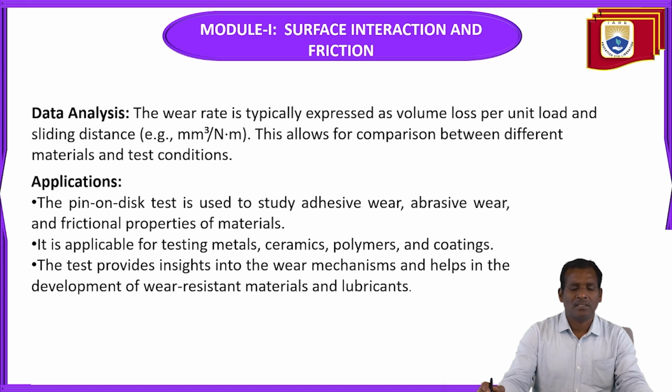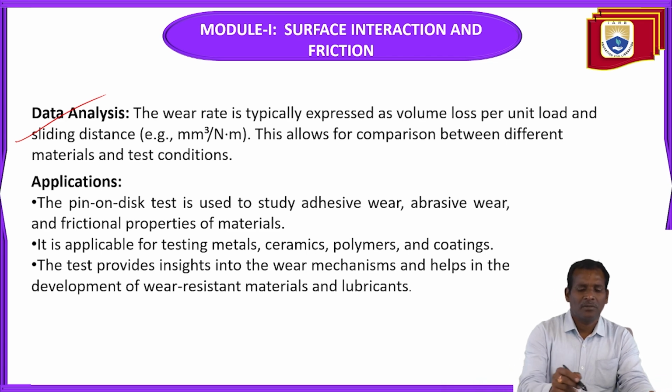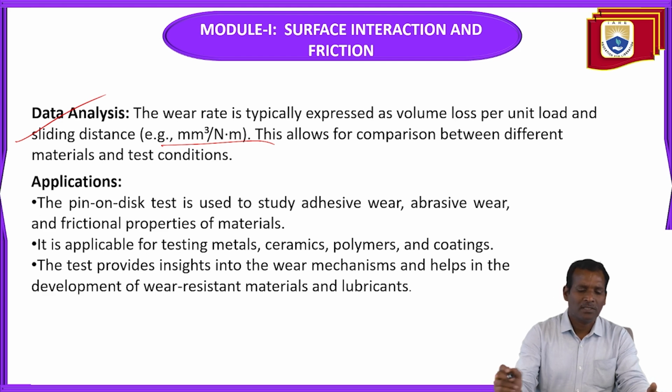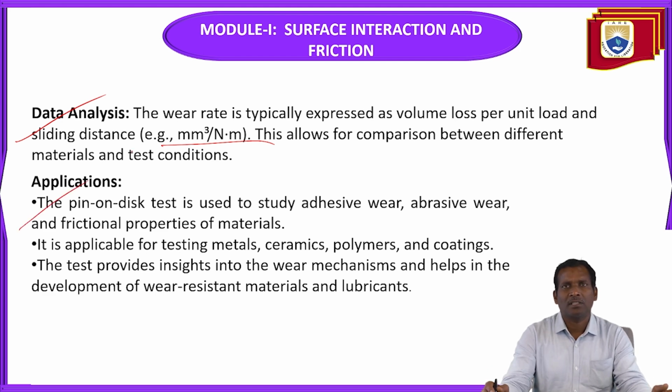Next, data analysis. The wear rate is typically expressed as volume loss per unit load and sliding distance, that is, mm³ per Newton meter. This allows for comparison between materials and testing conditions. The applications: the pin on disc test is used to study adhesive wear, abrasive wear, and frictional properties of materials.